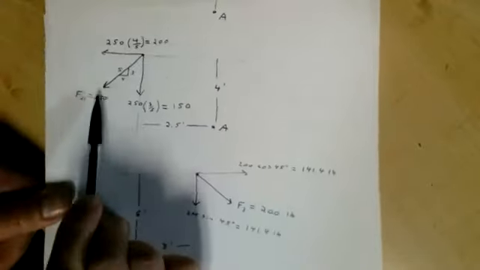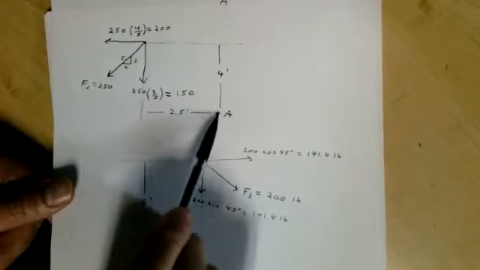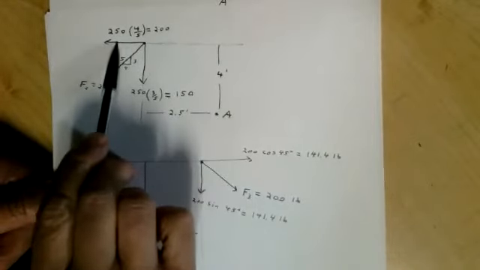So this would be 300 times 4 feet. Then go to F2, and let's take this one here.